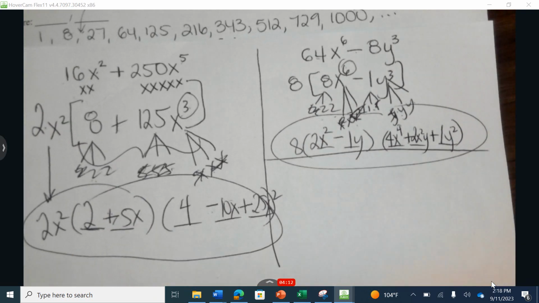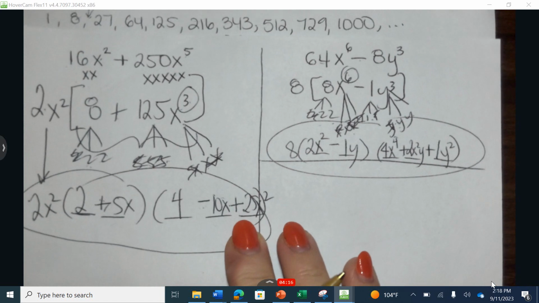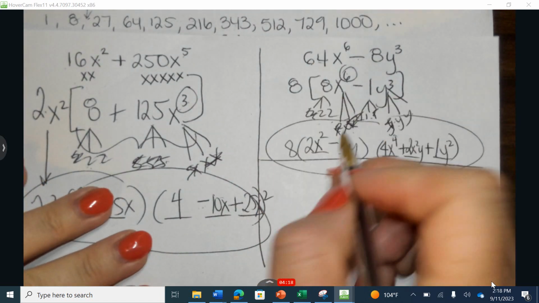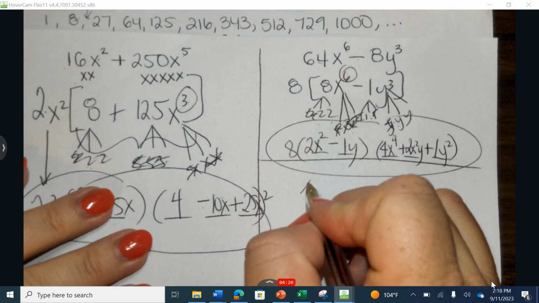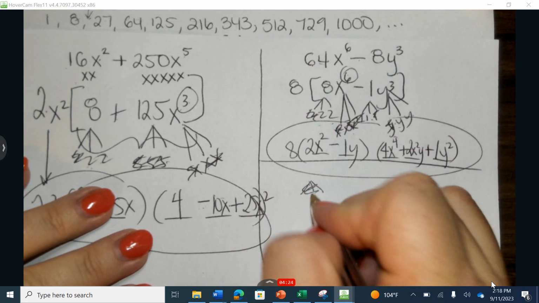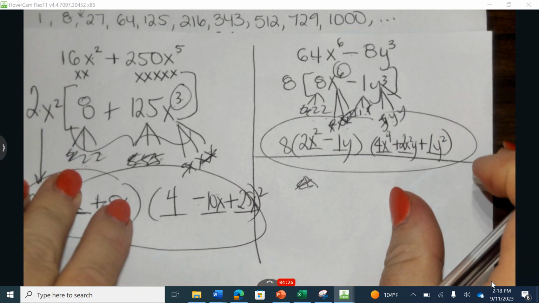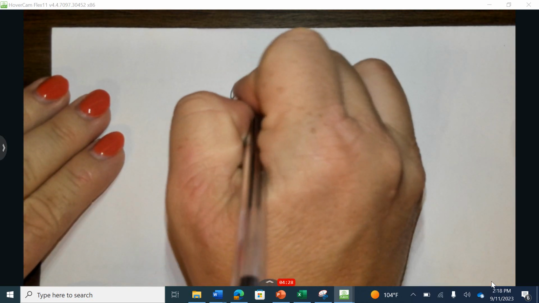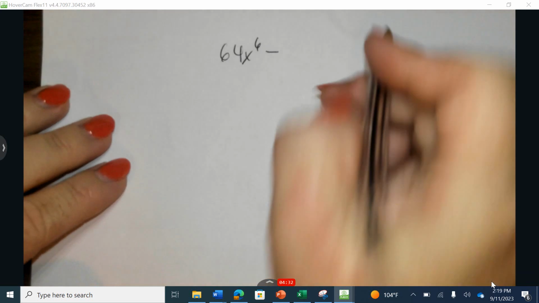What do I do down here? Like, what if you didn't recognize right away that you could factor out an 8? Let me turn this to the side. Okay, if you didn't recognize that, let's see, 64. If I write this down again, sorry, let me give you just a little more room here. 64x to the 6th minus 8y to the 3rd.